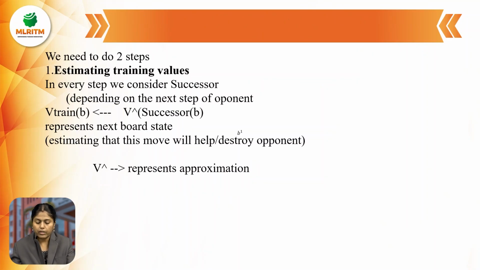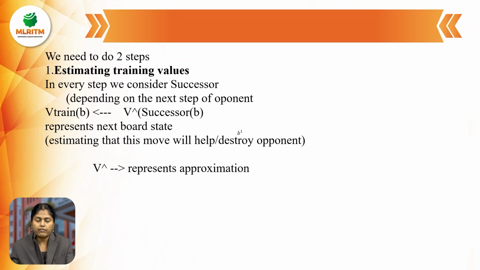To implement this training, we again need two steps. What is the first step? Estimating the training values. Estimating training values means that in every step we need a successor. V train of b implies V of the successor, which represents the next step.